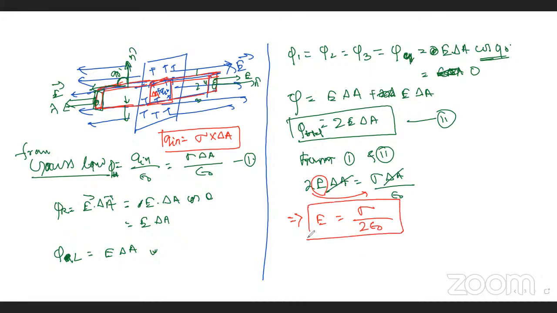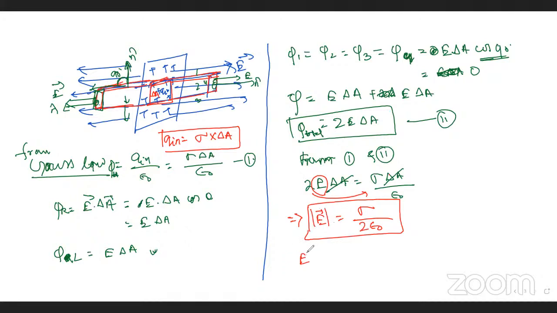So this is the electric field, sigma by 2 epsilon naught, and this is the magnitude of the electric field.